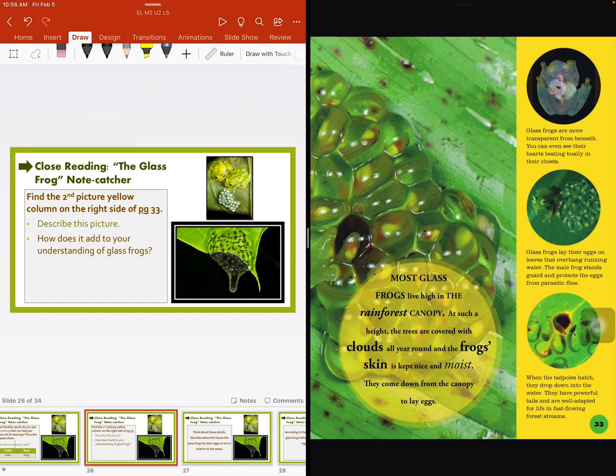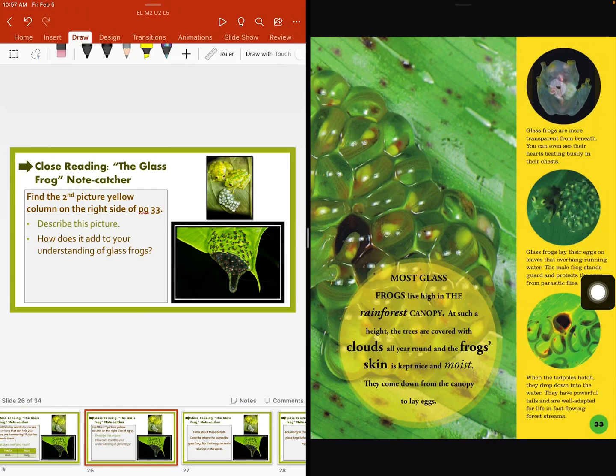And page 33, describe this picture. What do you see in that picture? I see a lot of eggs. And how does it help add to your understanding of glass frogs? Well, even their eggs are transparent, right? You can see through their eggs. And when you look through, you can see the itty-bitty tadpoles in there.